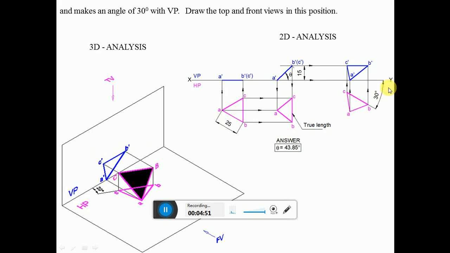So how to do that now? Since the line is inclined at 30 degrees to VP, it is a true line, true inclination. So consider any point on the XY line and draw a line inclined at 30 degrees to VP. Then measure the length from B to C, and from B you cut it to get this point. Here I have missed this particular line, it has to be there, and that line has to be transferred here. So you join this point perpendicular to this one.